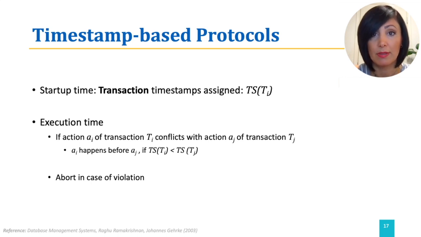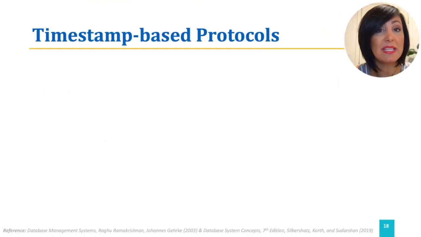If the schedule violates this ordering, the transaction needs to be aborted, rolled back, and restarted with a new timestamp value. For scheduling based on timestamps for concurrency control, we need a timestamp ordering protocol, or TSO, that ensures the defined relation among the expected values of timestamps.